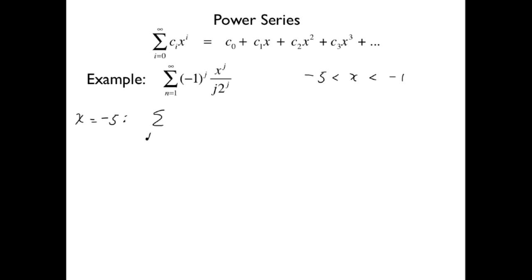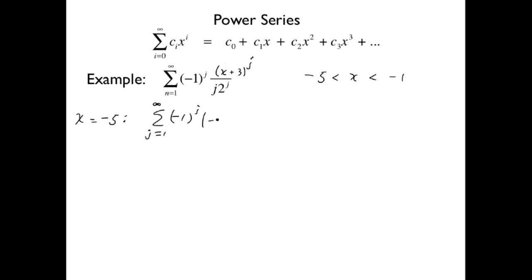The sum from j equals 1 to infinity of, what did I say, x plus 3. So when x is negative 5, we're going to get negative 2 to the j.